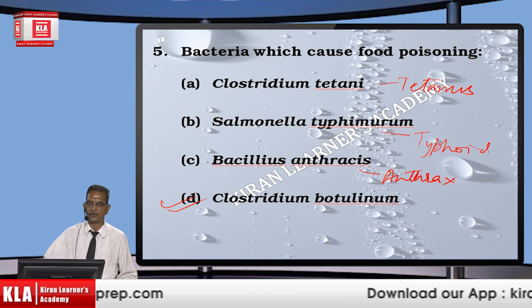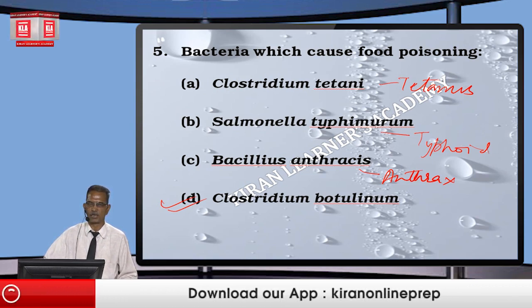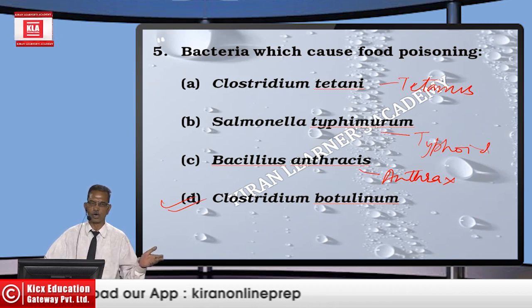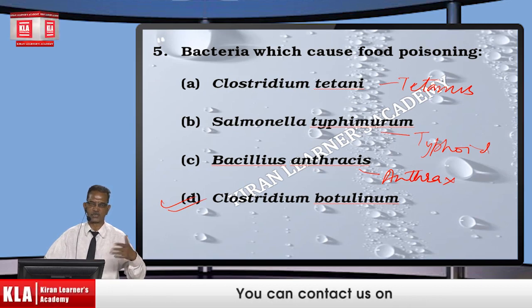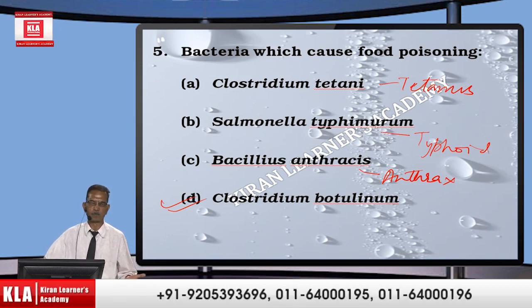Particularly if you have eaten food which is not covered and has been left exposed to the air for a long time, particularly from those vendors who just sell fruit chaat, etc. in the open.